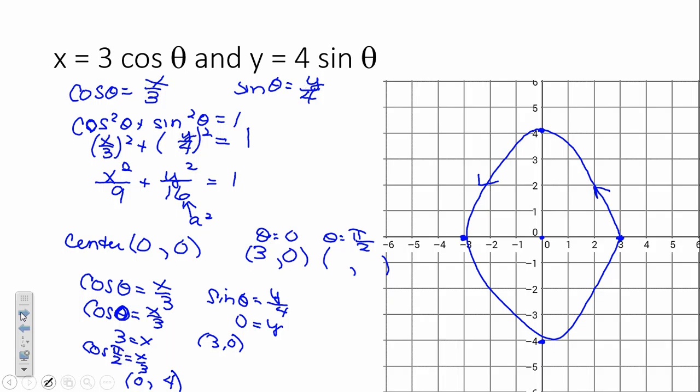But now when we're at pi over 2, cosine of pi over 2 is 0. 0 times 3 is 0. But at pi over 2, sine is 1. So 4 times 1 is 4. So basically we're rotating counterclockwise, which is what we were anticipating. Because at 0 we were at 3 over, 0 up, and then at 90 degrees we were at 0 over, 4 up. So we're going in a counterclockwise direction, which is what we've defined it to be.